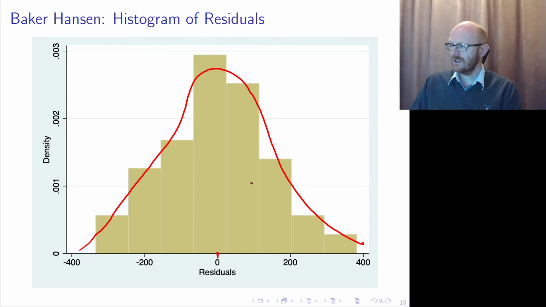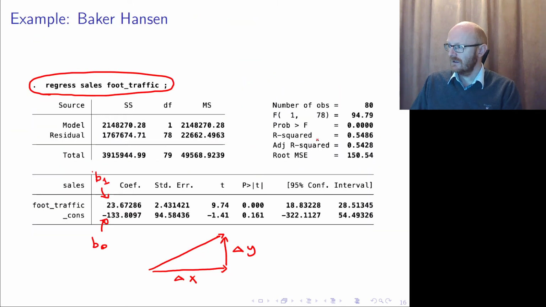And what's interesting is that from the output of the regression, you get the root MSE, which is just the standard deviation of the error.